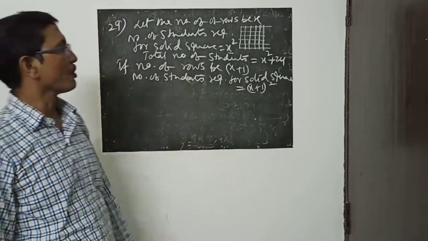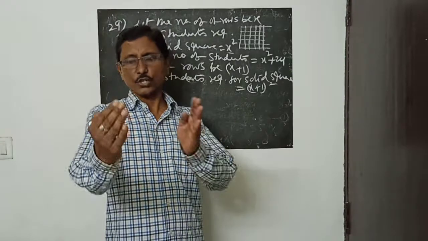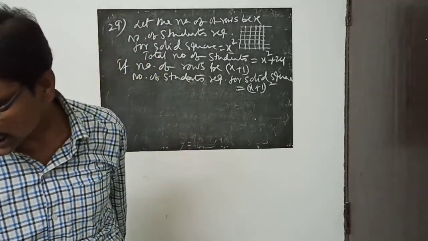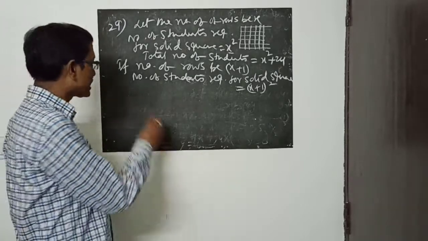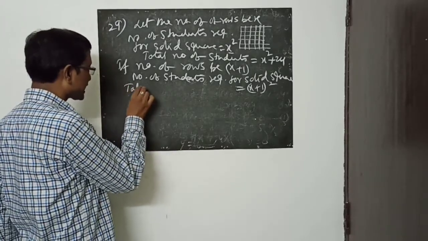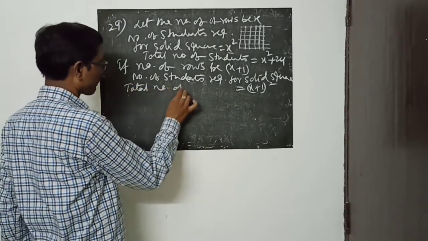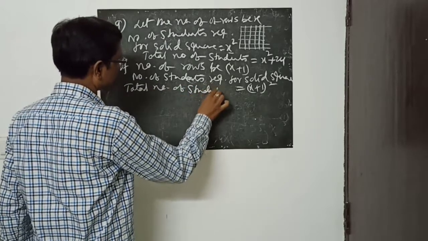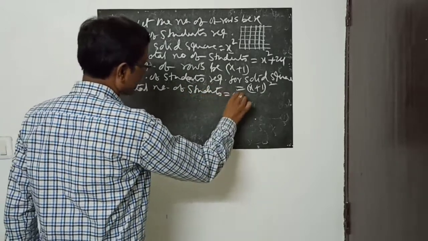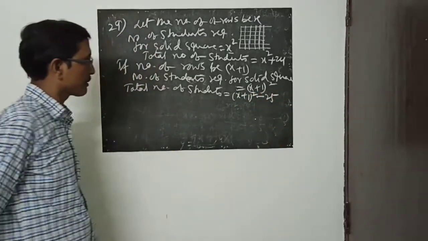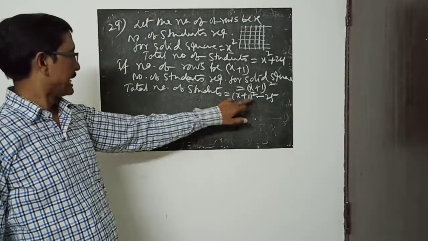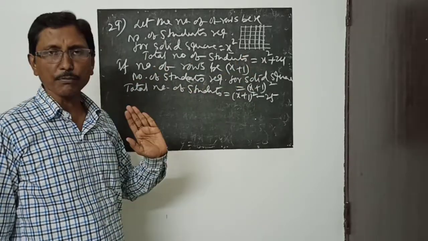But that time he observed that 25 students were becoming short. That means the actual total number of students he has, that much is not adding up. How much is short? 25. That means minus 25. That is the number of students, the same number of students.